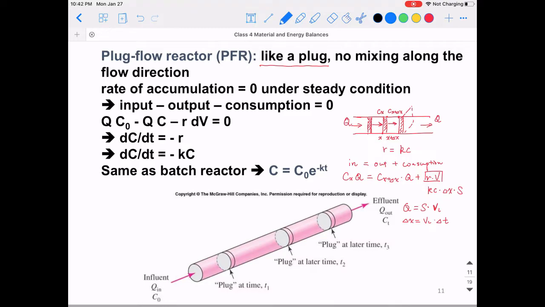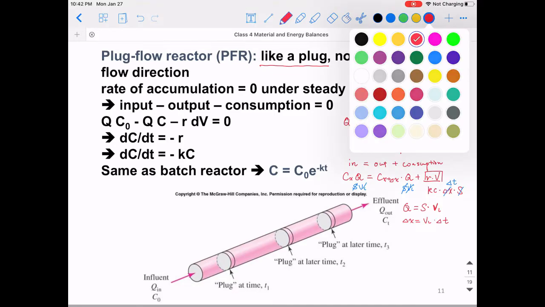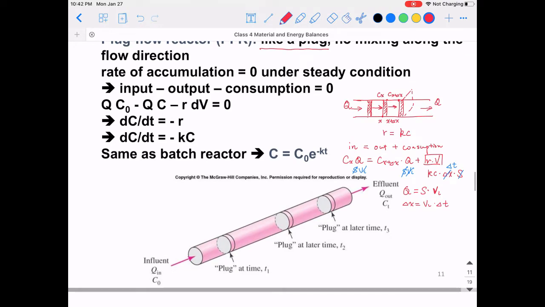So we can make some further arrangements here. Since Q is equal to S multiplied by V liquid, we can cancel these cross-section areas here. And further, we can divide by V liquid on both sides, and this is going to give us a delta t. Now let's further rearrange this equation.